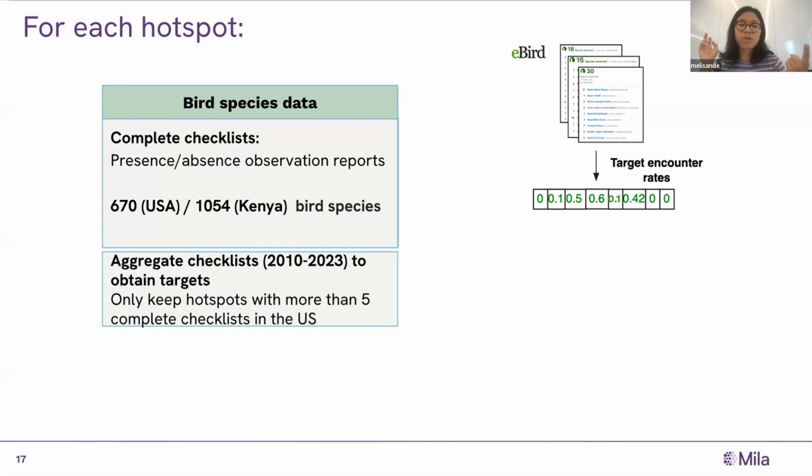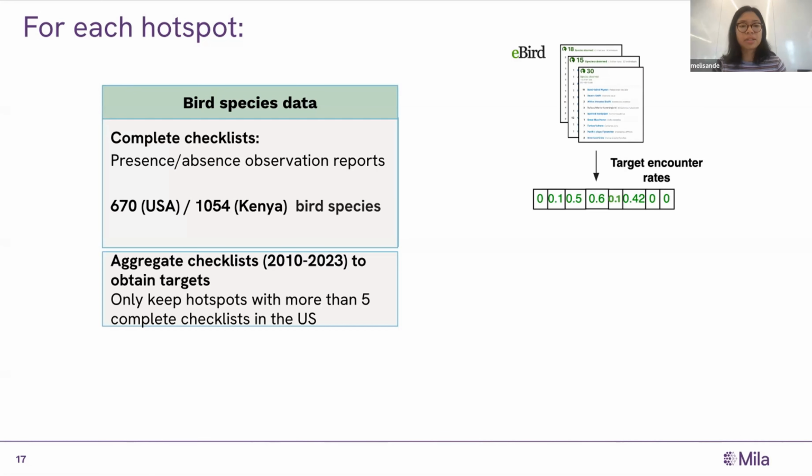First, all the complete checklists that were reported at that hotspot between 2010 and 2023. And we aggregated those checklists to obtain the encounter rates in the way that I showed before. For the US, we looked at 670 species, and for Kenya, there were actually 1,054.